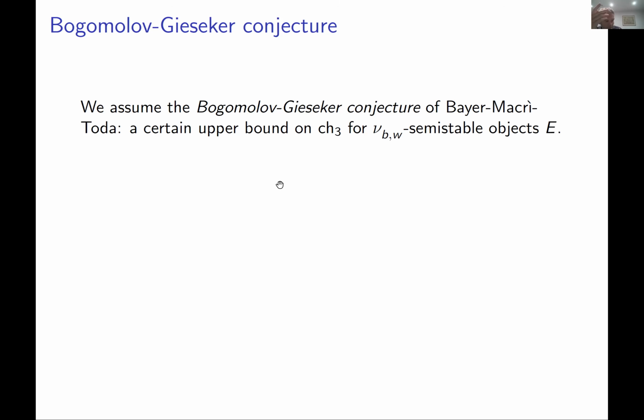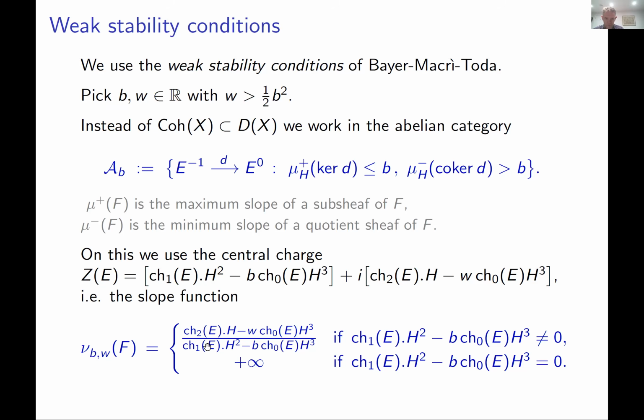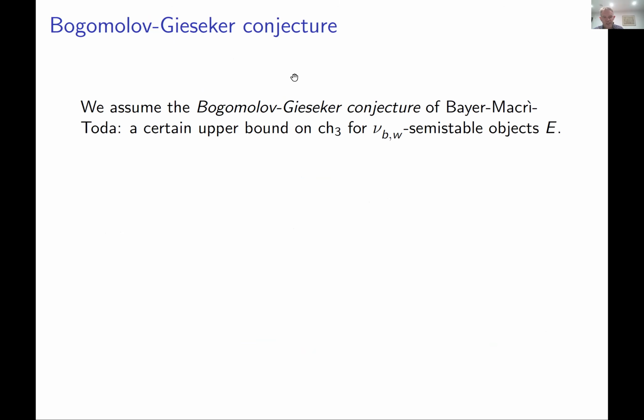And yet the Bogomolov inequality tells you that their second Chern character is positive or negative. I never get it right. Okay, this is very similar. We're using the first and second and zeroth, so the rank Chern characters in our slope here. And the conjecture is that actually for the stable guys, that determines a certain bound on their third Chern character.